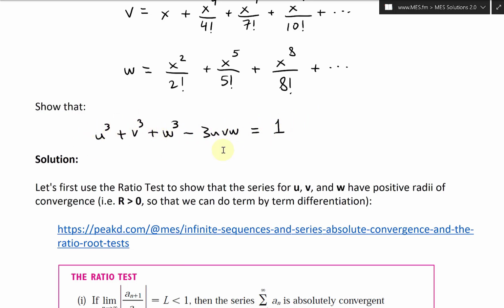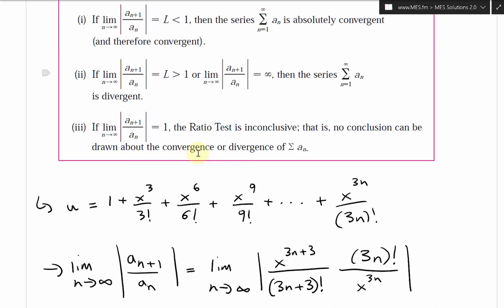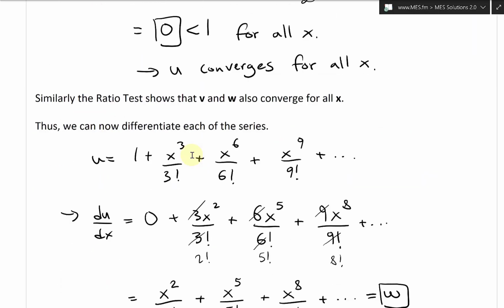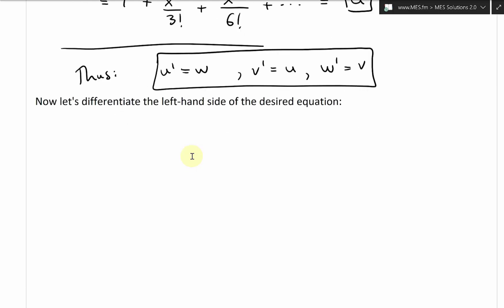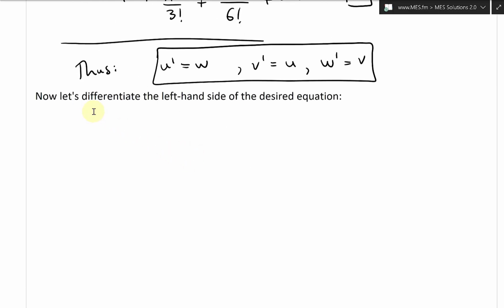So what we'll do is we'll take this and take the derivative and then see what it equals. So let's differentiate the left-hand side of the desired equation.